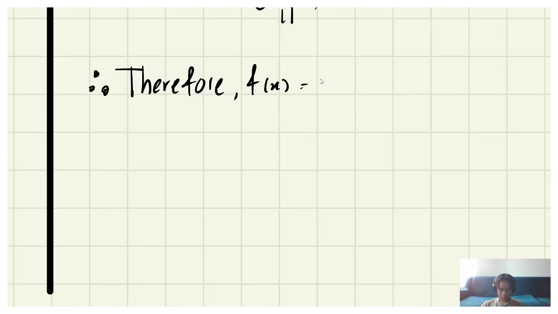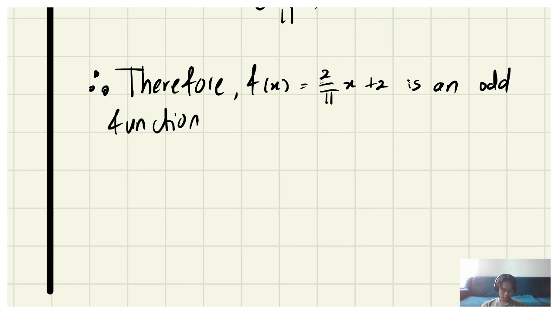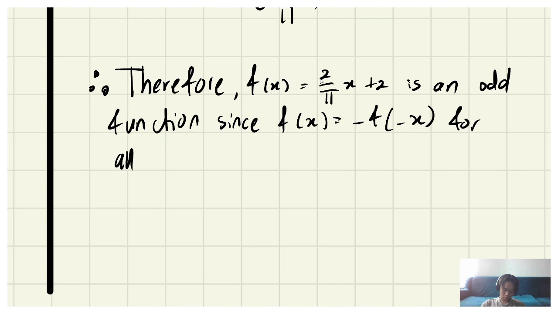Therefore, f(x) equal to 2 over pi times x plus 2 is neither an even nor odd function, since f(-x) is not equal to f(x) or -f(x) for all x in the function.